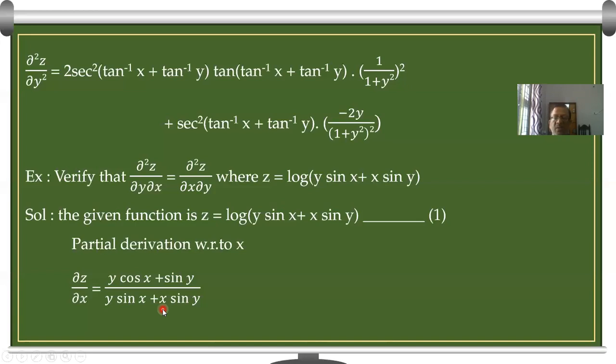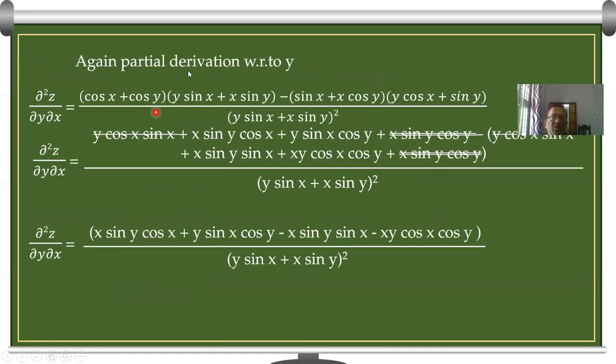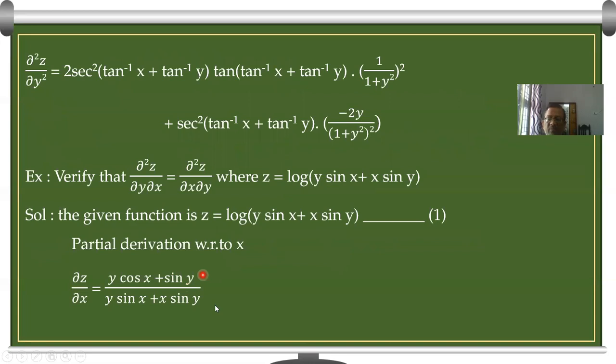Now therefore, operating with respect to x: y into sin derivation cos x, x derivation is 1 into sin y, divided by the function as it is. Next, for this one I am operating derivation with respect to y. Okay. Now just a minute. Now it is in the u by v process.